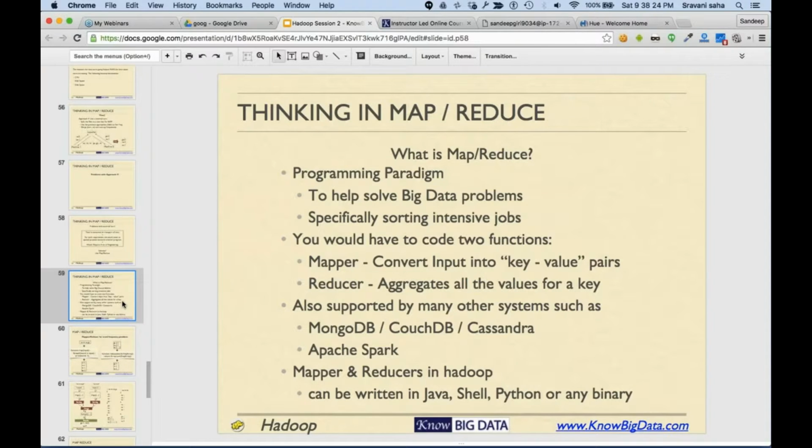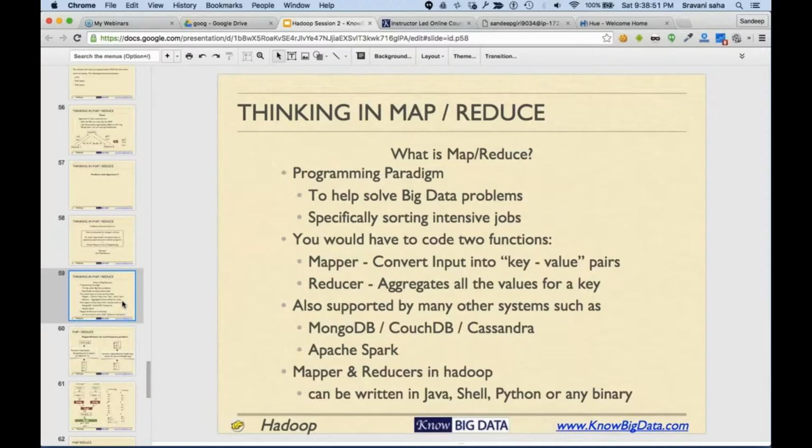So what exactly is MapReduce? It's a programming paradigm. Like in SQL you have group by, and we just discussed pipelining, in the same way here we have a map and reduce kind of paradigm.